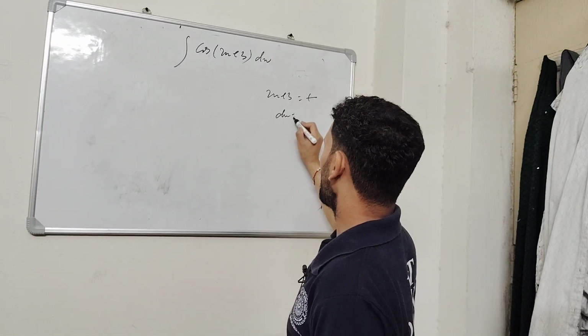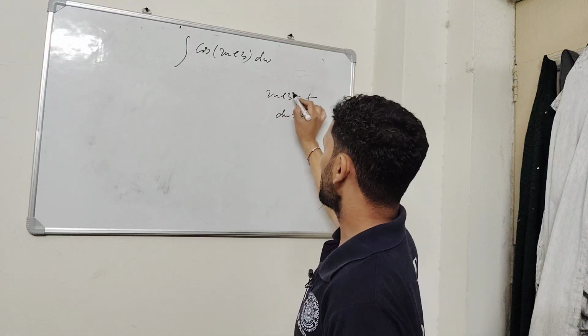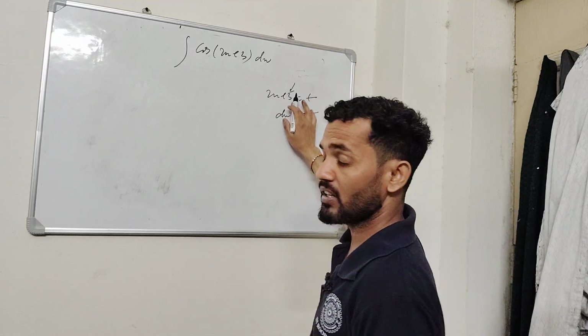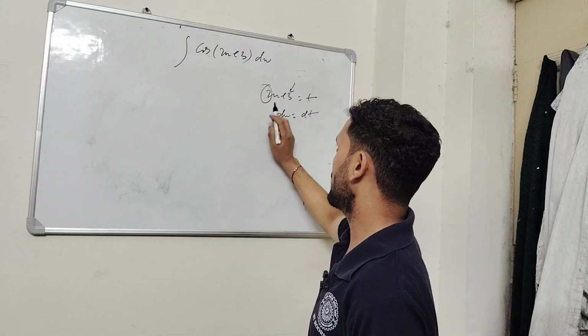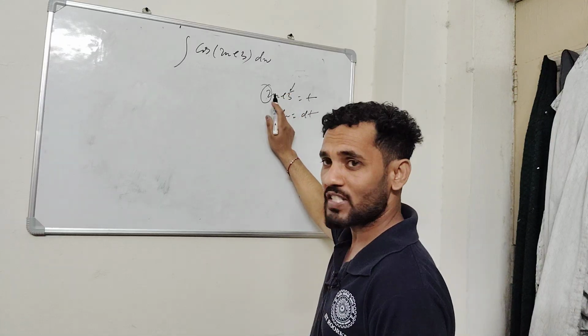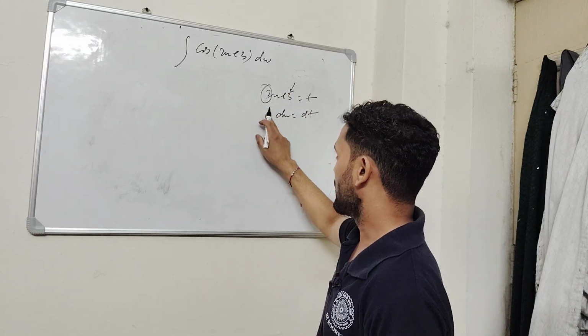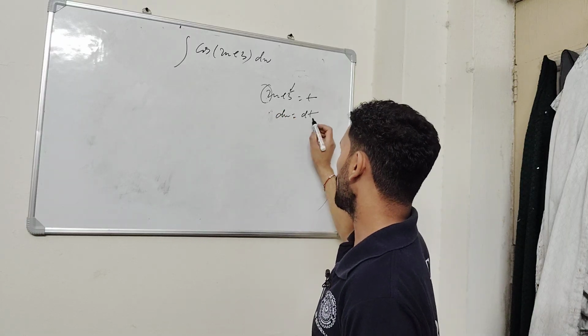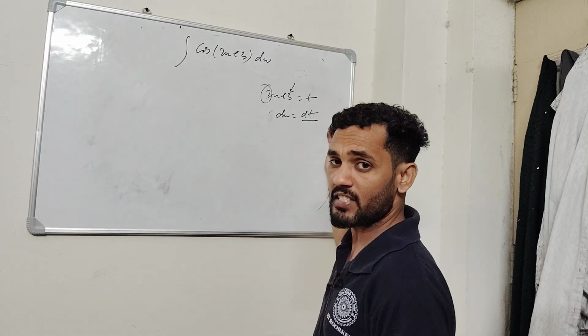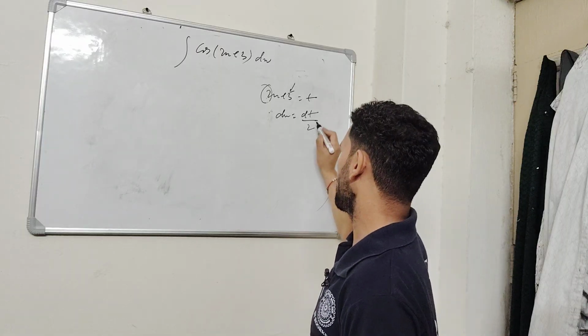So dx is equal to dt. This one is a constant term, meaning 0. The differentiation of 3 is 0. And this one, the constant, comes out from here, simply 2. It goes to the opposite side, in the denominator, simply 2.